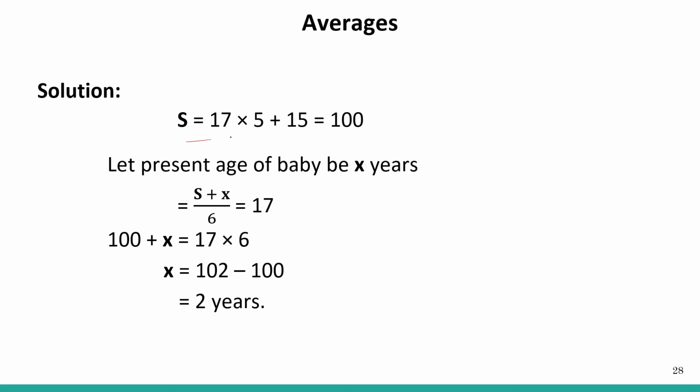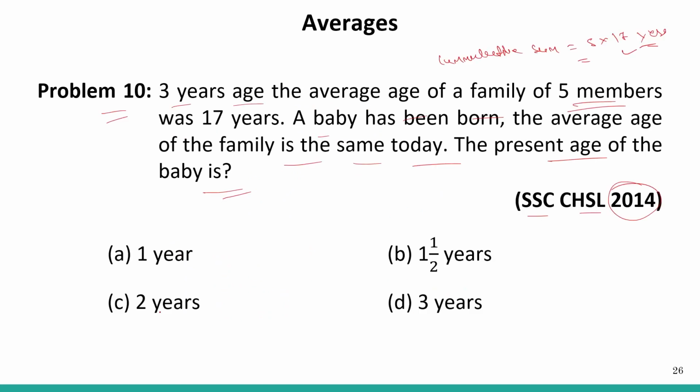Okay, so S is equal to 17 into 5 plus 15, that is equal to 100 years. So let the present age of the baby be X years. So (S plus X) by 6 is equal to 17. So 100 plus X is equal to 17 into 6. So 102 minus 100 is equal to what? 2 years. So the age of the baby will be 2 years. This is the correct answer here. All the others are incorrect.